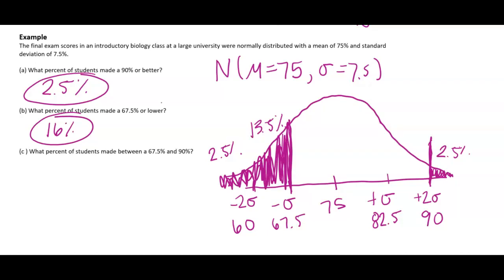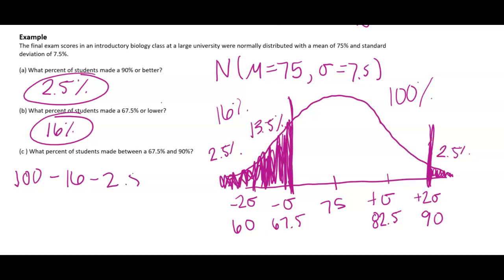What percent of students made between a 67.5 and a 90%? Well, I can do this a couple different ways. I know that everything in here adds to 100%, and I already know these two pieces. This was 16%, and this was 2.5%. So I could just say 100 minus 16 minus 2.5, and that would get me what's left over here.